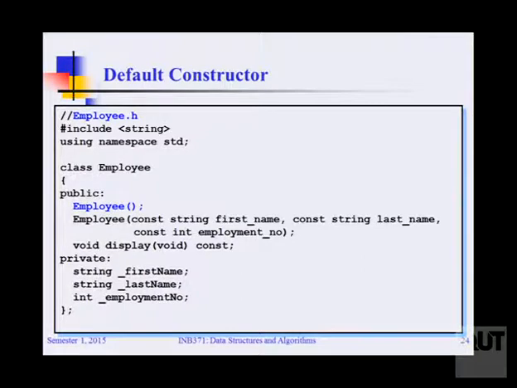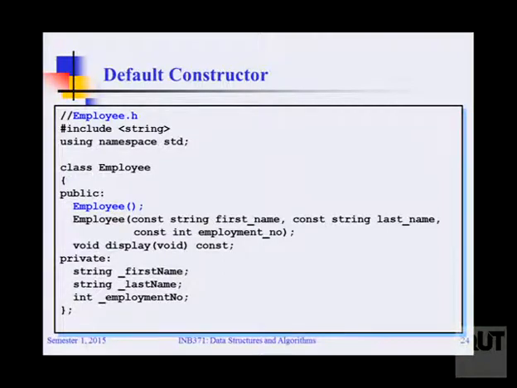For the default constructor, because you don't pass any parameters into the constructor, when we make a call to the default constructor Employee, which is the first one, number one, you create an object. That's not all. Number two, what are you going to do with the three class members?